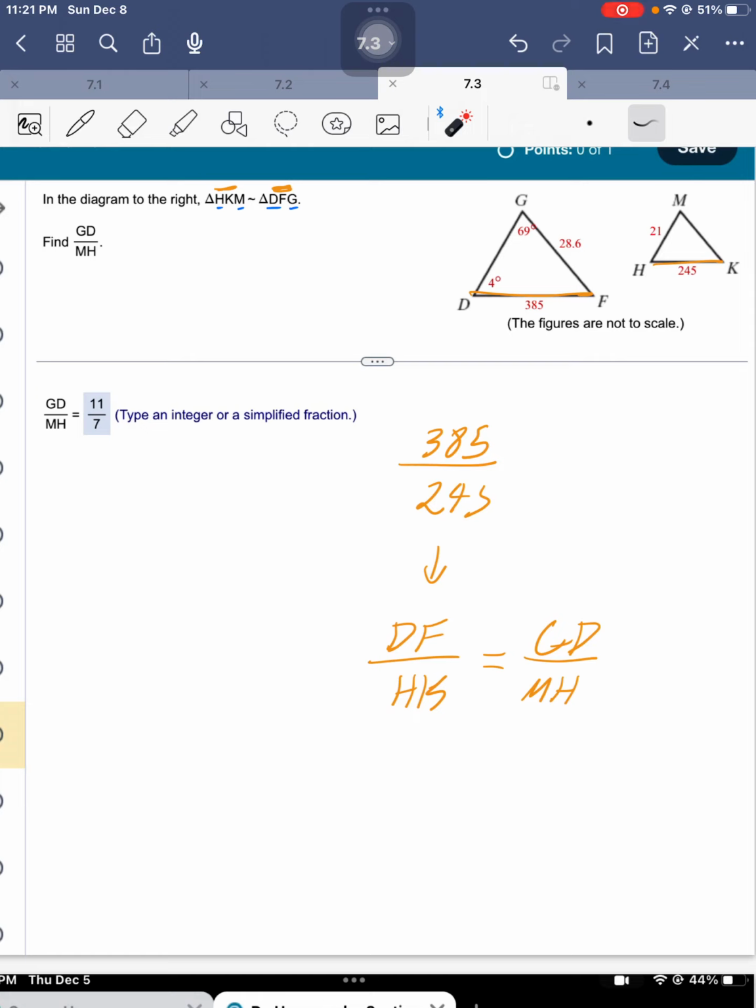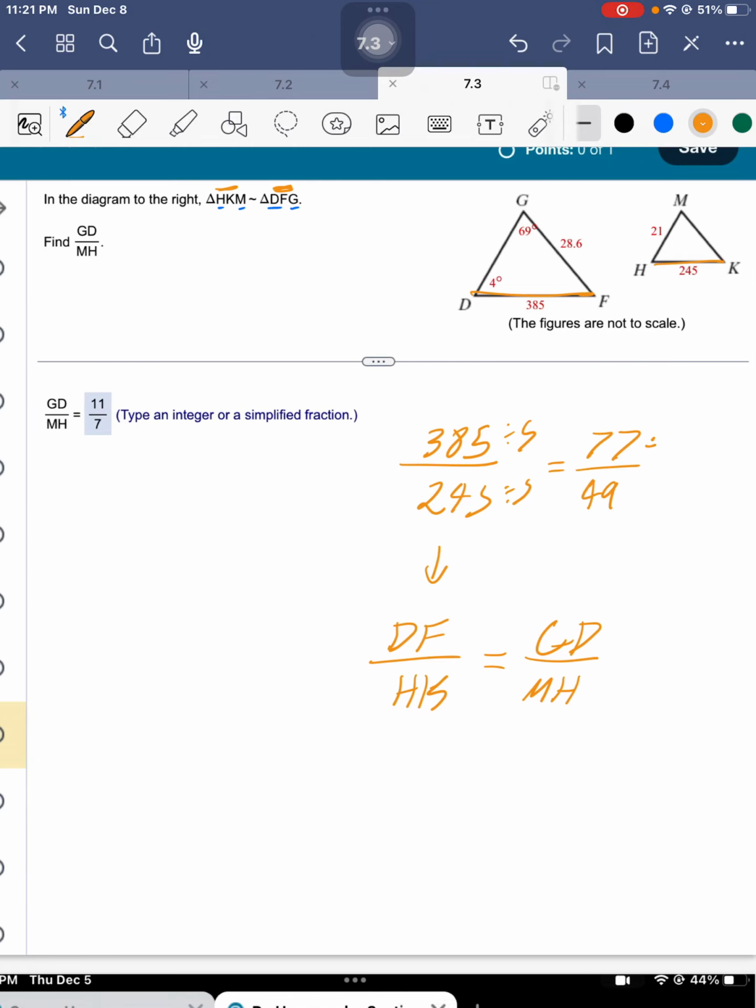So what is 385? Let's just do it step by step. 385 divided by 5 is 77. So let's divide by 5, because I know they're both divisible by 5. So I'm going to have 77 over, what is 245 divided by 5? 49.